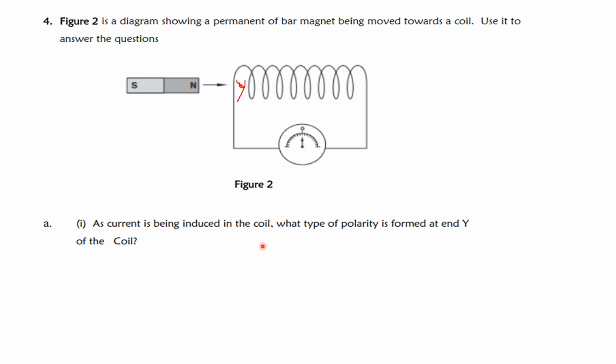Number 4. Figure below is a diagram showing a permanent magnet. So this is a permanent magnet with north and south poles. It's a permanent bar magnet.